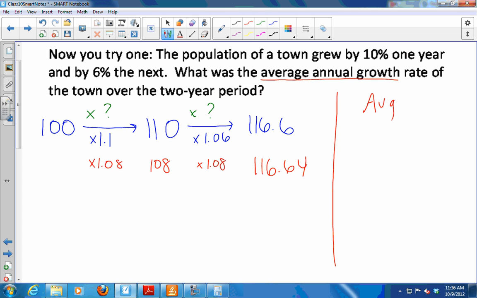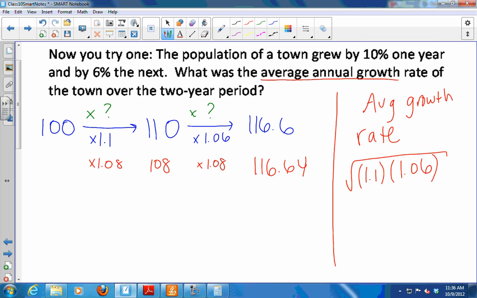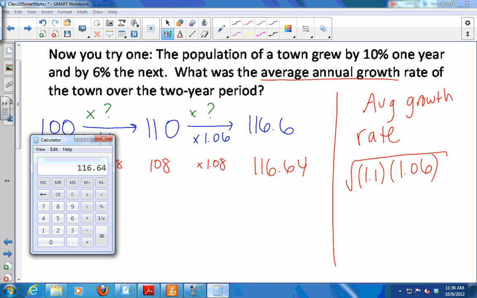So my average growth rate should be the square root of 1.1 times 1.06. You take your two multipliers from earlier, multiply them together and square root it. So 1.1 times 1.06 square rooted is 1.0798.